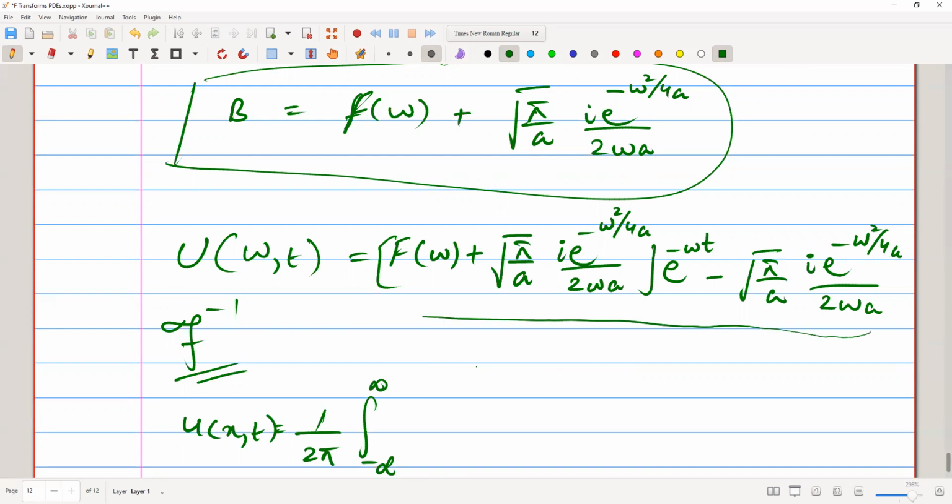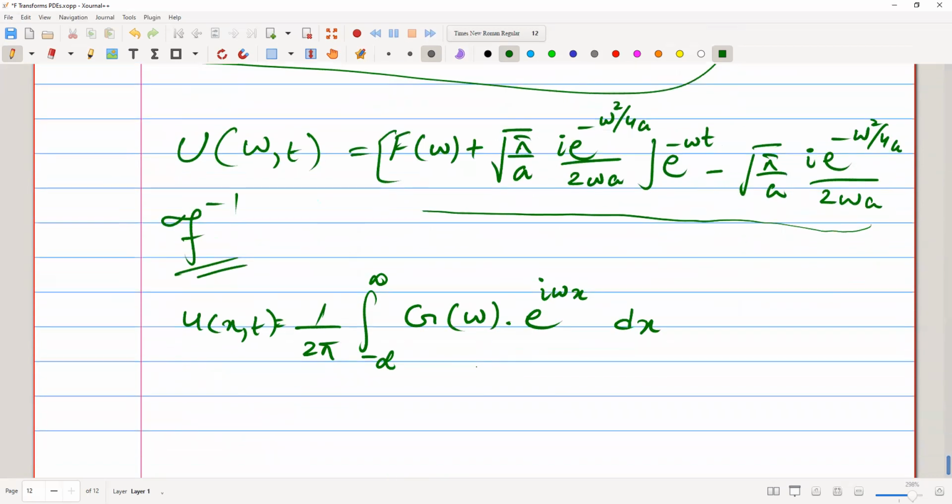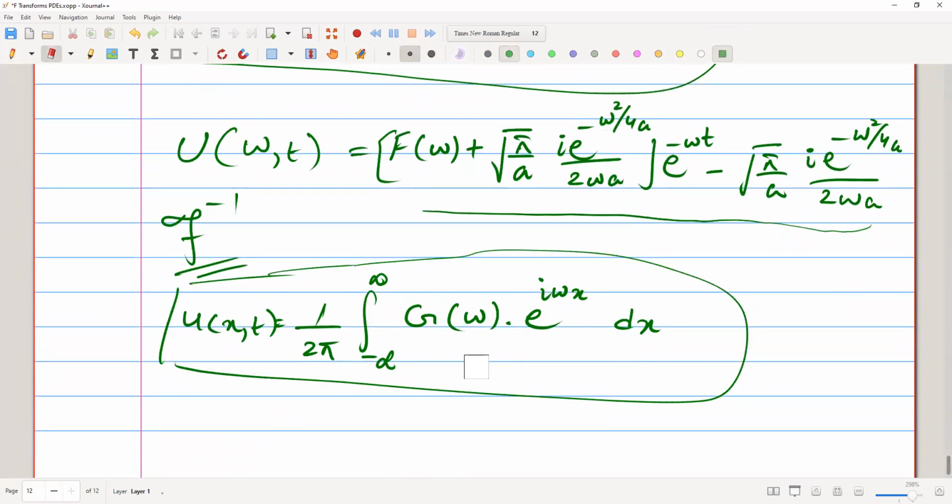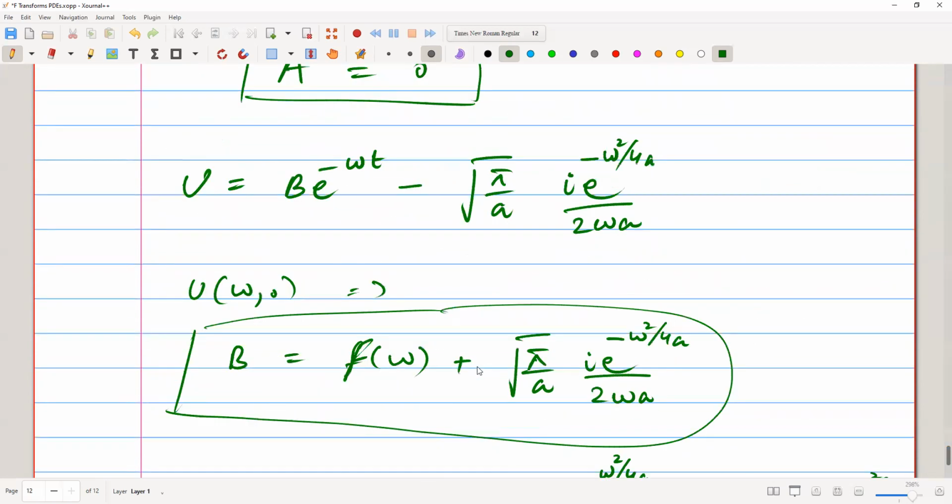This whole function is a function of omega, so we can say that this is g of omega, for instance, times e to the power iota omega x, d omega. So in this way we can find the solution for this particular equation that is given here.